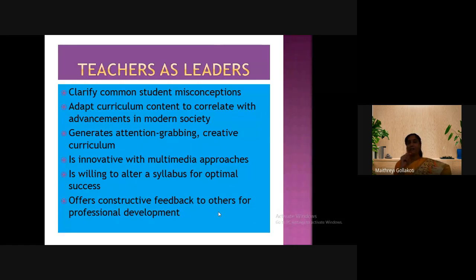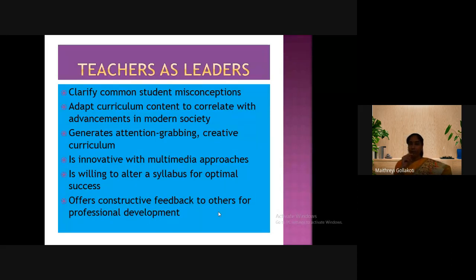Next, adapt curriculum content to correlate with advancements in modern society. Wherever I can, I always make use of realia. Suppose I am teaching resume writing. I will bring some advertisements for jobs from newspapers.